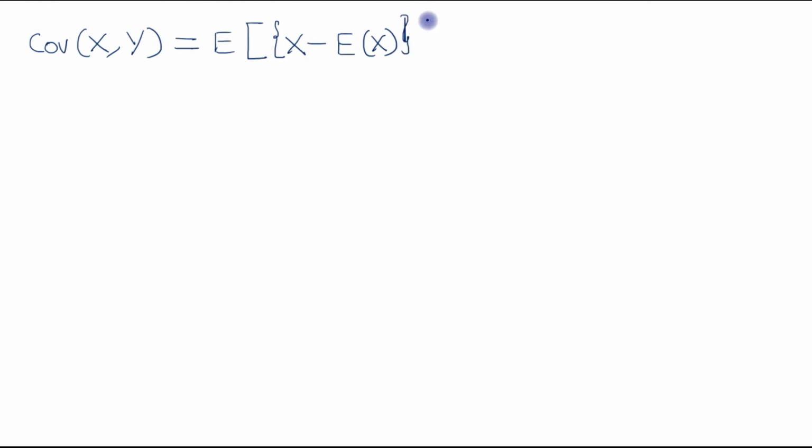First, we will find out covariance between x and y. It is equal to expected value of x minus ex and y minus ey. Okay, next step.